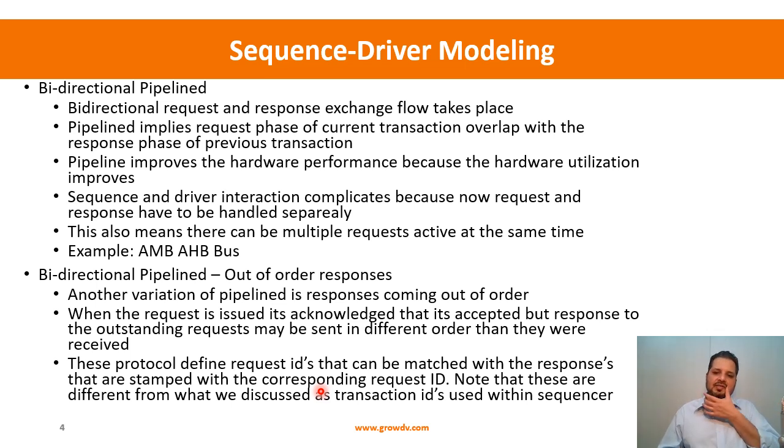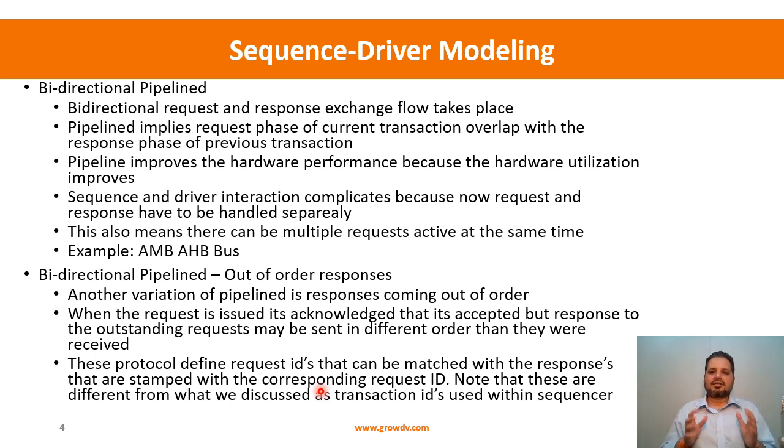The protocol itself is an out of order response based pipeline protocol, and when such a protocol exists, it has to provide additional IDs or tags through which the responses can be correlated, which are different from the sequence ID and the transaction ID stamped by the sequencer for its own routing. So those are two different things that you might want to keep in mind.